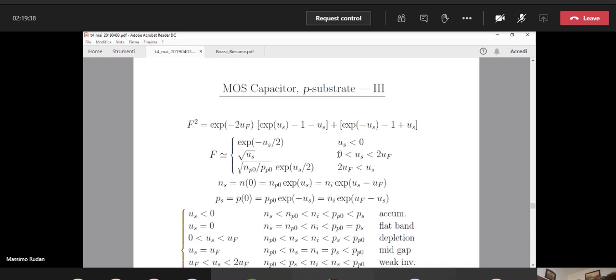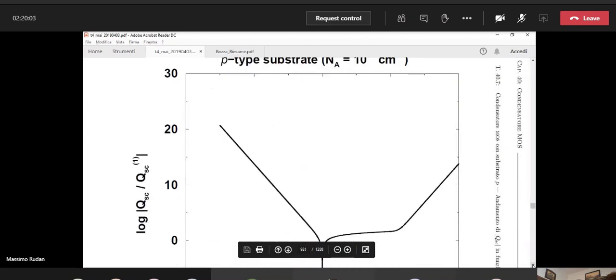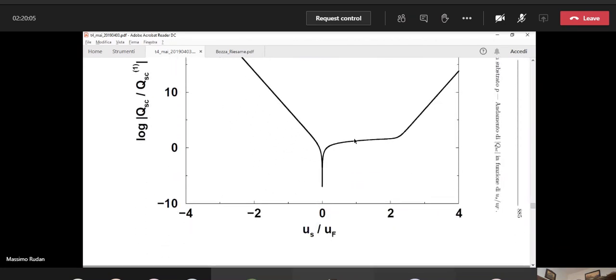And now that we know the names of the different regions, we have a behavior that is essentially proportional to the square root of the surface potential in the depletion and weak inversion conditions. So we have a charge that is essentially proportional to the square root of the surface potential here in this part of the curve.